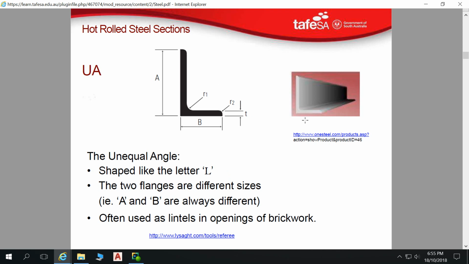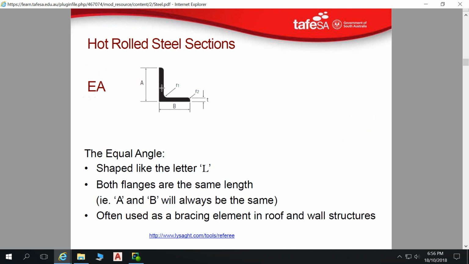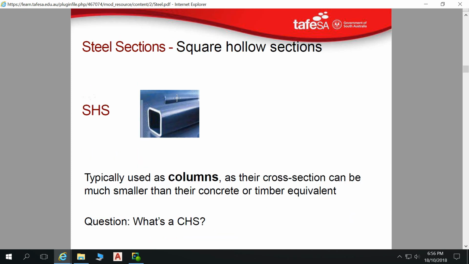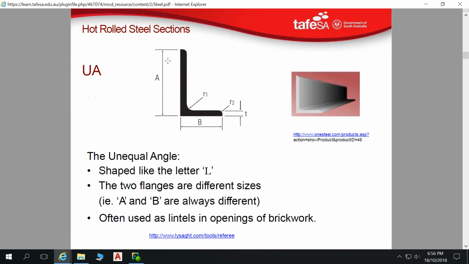But our angles, we've got both equal angles, where both of our flanges are exactly the same length. So a 50 equal angle, each flange will be 50 millimeters long. With unequal angles, this one may be 50 millimeters, that one may be 90 millimeters, for example.